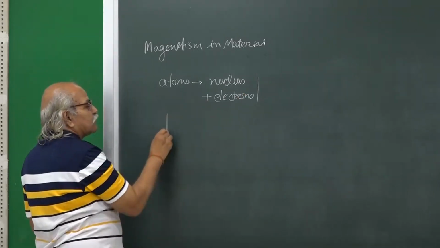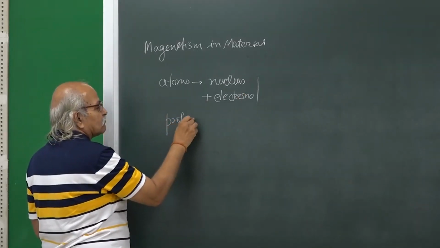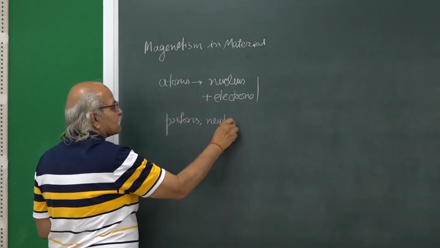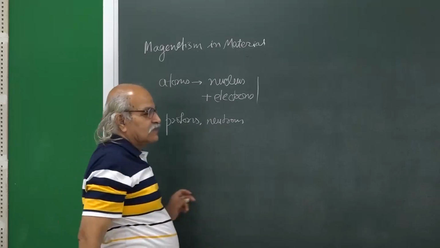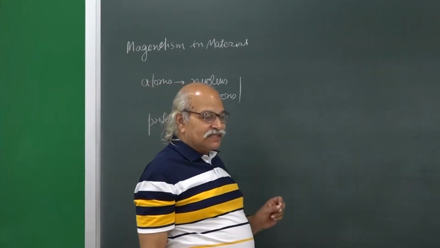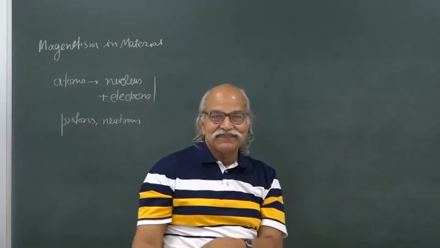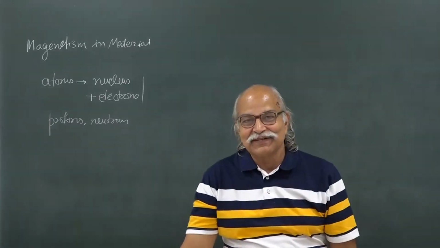Now, the nucleus has protons and then neutrons, and then electrons. Now, it so happens, and this is not classical electromagnetism, it is the quantum picture coming in.